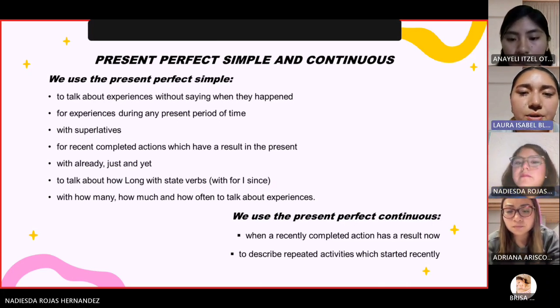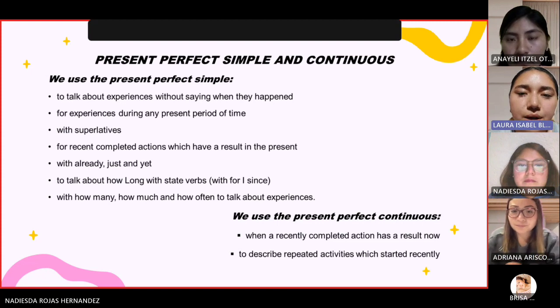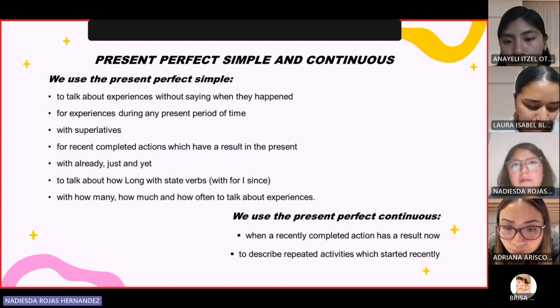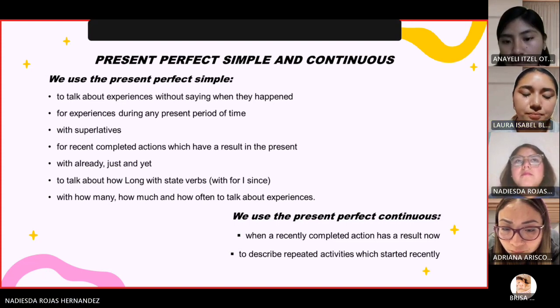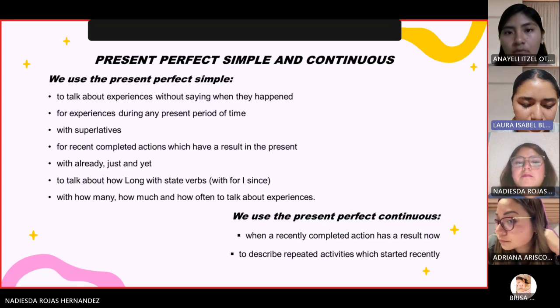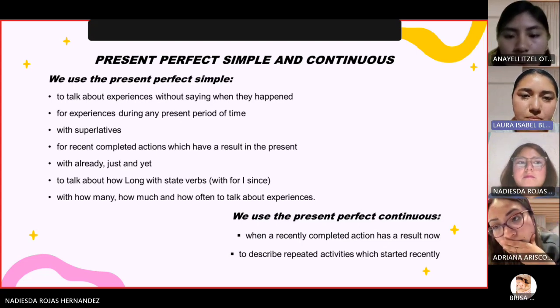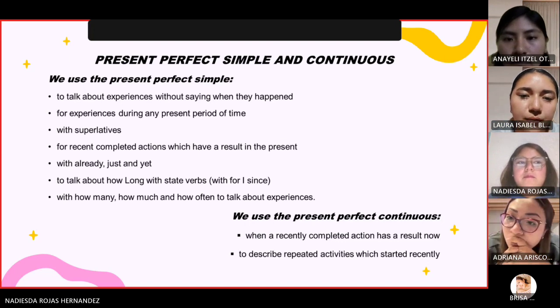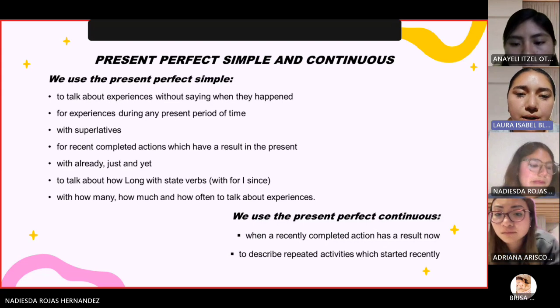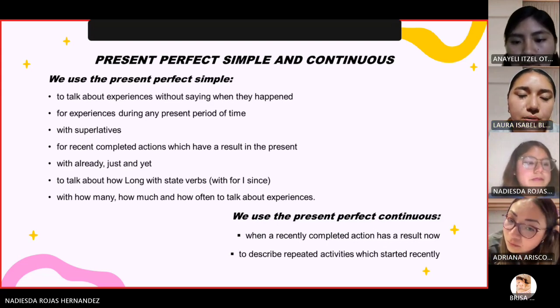For experience during any present period of time, with superlatives. For example, she is the nicest person I have ever met. For recent completed actions which have a result in the present, we use already and yet.